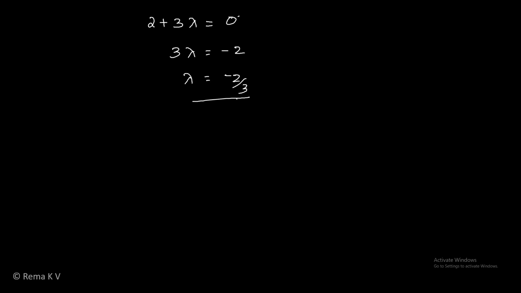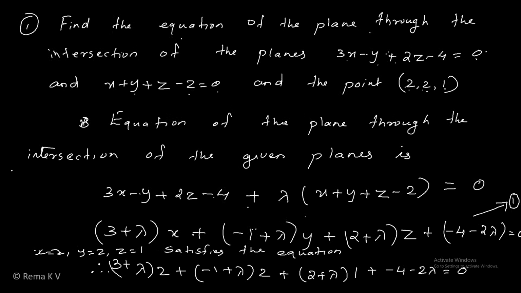The value of lambda is minus 2 by 3. Okay, so you got the value of lambda as minus 2 by 3. Now we have to substitute this value of lambda in equation 1. In equation 1, we consider this as equation 1. Substitute the value of lambda here.